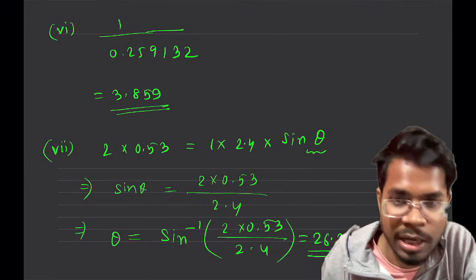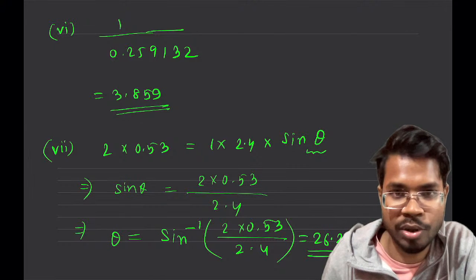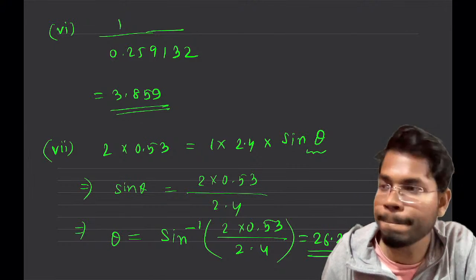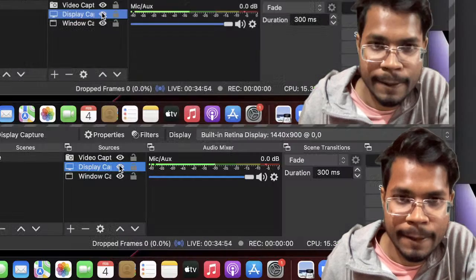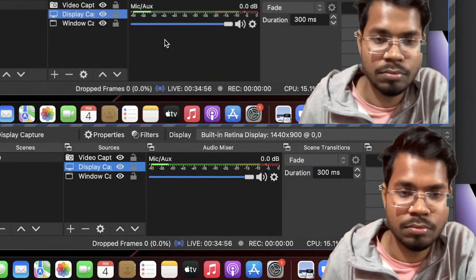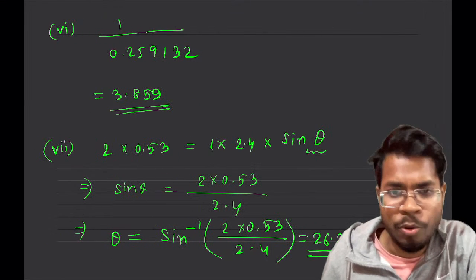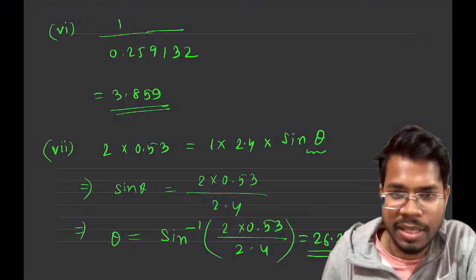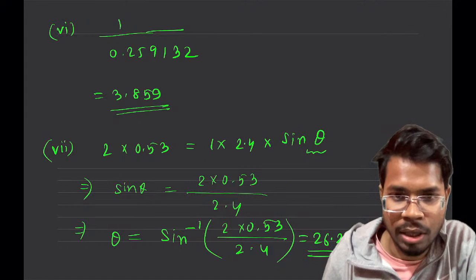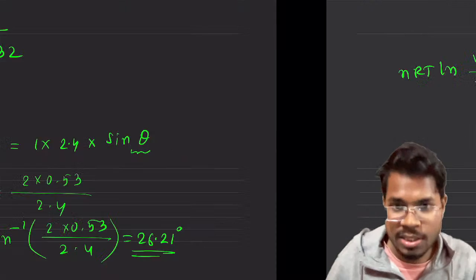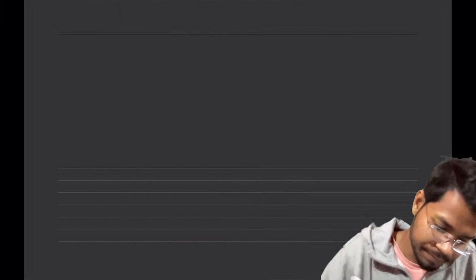What is that? Let me show you. Just a second. If you want to appear for this kind of test, what you can do is, let me write on the copy on this screen, I think that would be better.